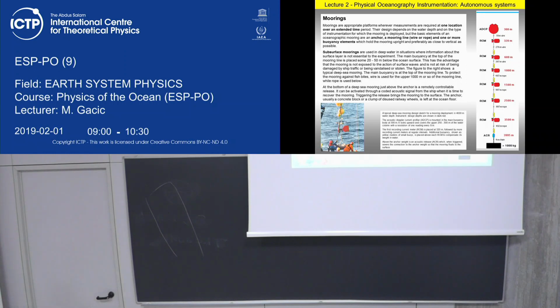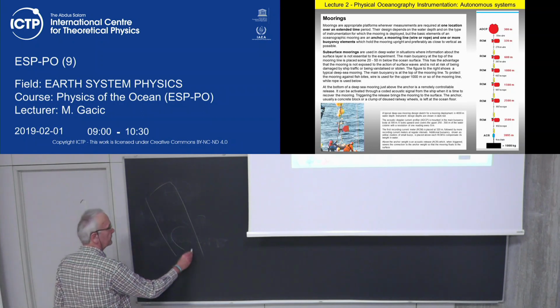So I have to know that the vertical winter convection appears in the area where there is a cyclonic circulation. So I'm going to look for the cyclonic circulation if I'm sure that this process happens here.